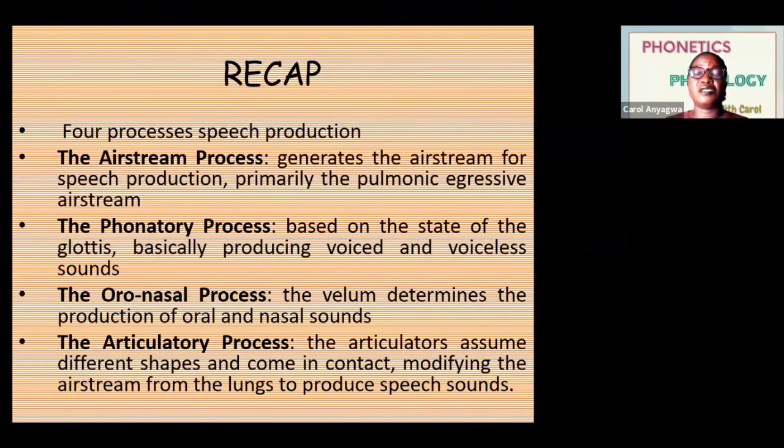Then the oro-nasal process, in which the velum determines the production of oral and nasal sounds. And the articulatory process, where the articulators assume different shapes and come in contact, modifying the airstream from the lungs to produce speech sounds. That's the end of our class for today.